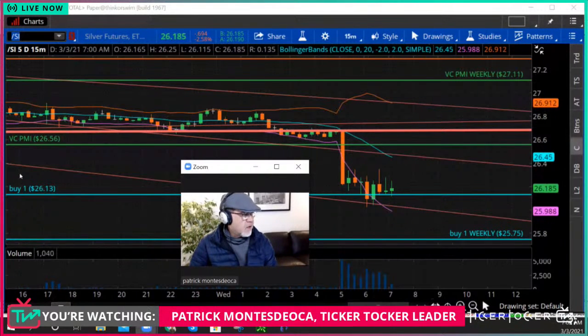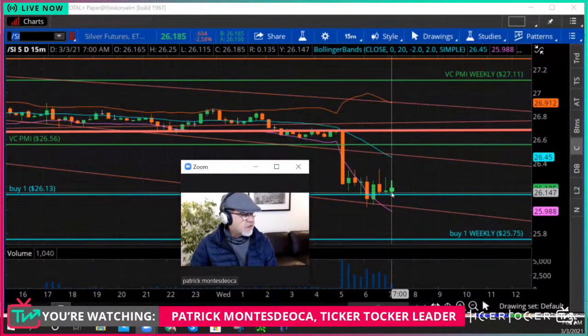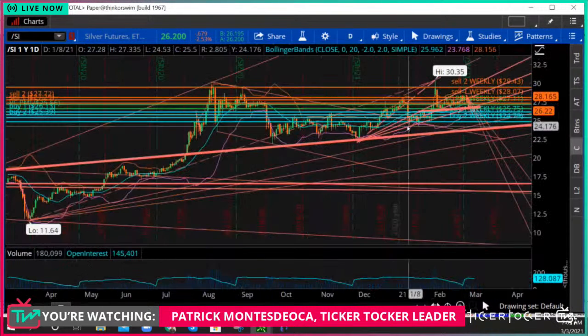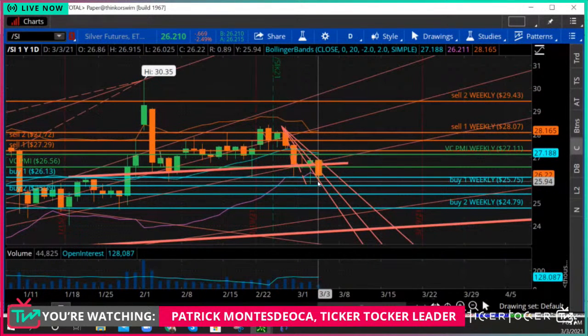And we've been trading now in silver at this bottom here, looking to test this lower level of support that we have.